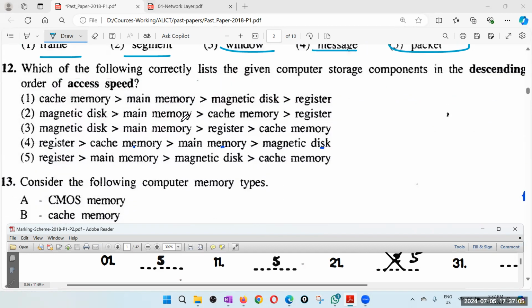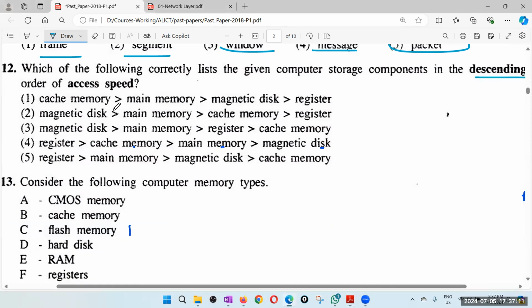Right. 12. Which of the following correctly lists the given computer storage components in descending order of access speed? That is a super easy question. Remember, ascending means lower to higher. Descending means higher to lower, that is higher speed to lower speed. Higher speed is when you are getting closer and closer to the processor.